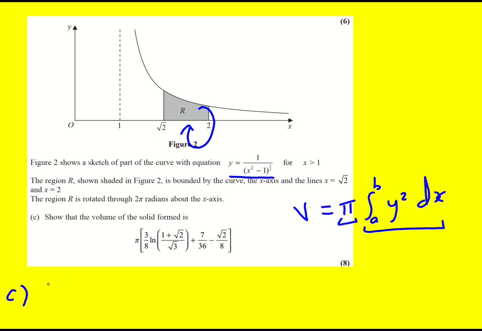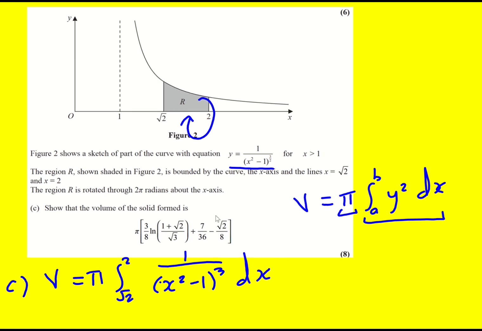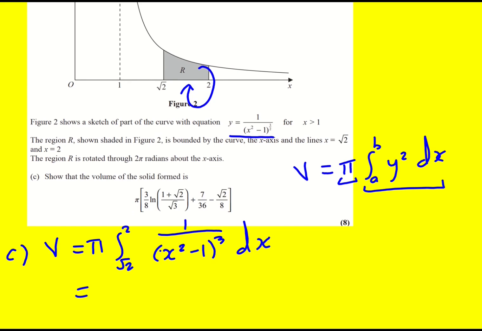So for us, we want to find V equals pi integral from root 2 to 2 of 1 over x squared minus 1 to the power 3, because I've squared the function already, with respect to x. Now I don't have to start from the beginning, because this is very similar to the integral that we did in part A. So I can let x equal sec theta.